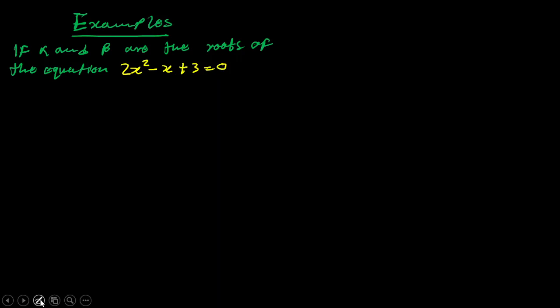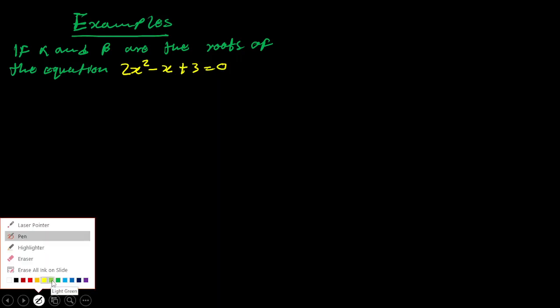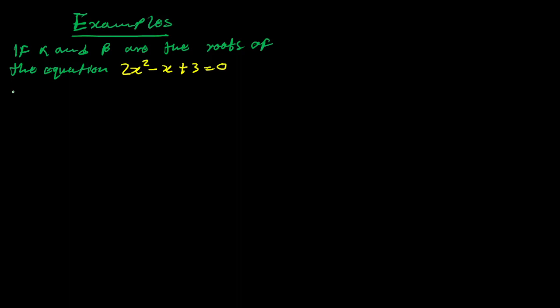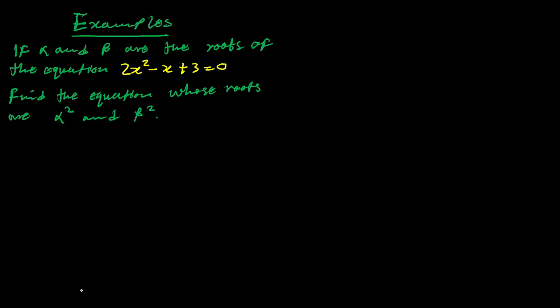So that's the equation we have been given. And the other thing that we have been given is: find the equation whose roots are alpha squared and beta squared.